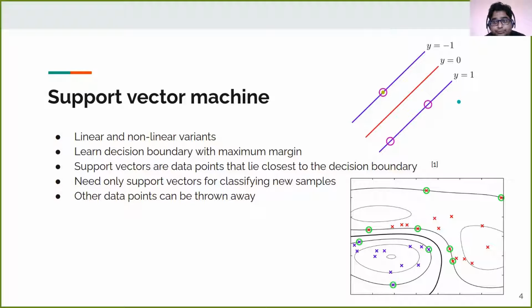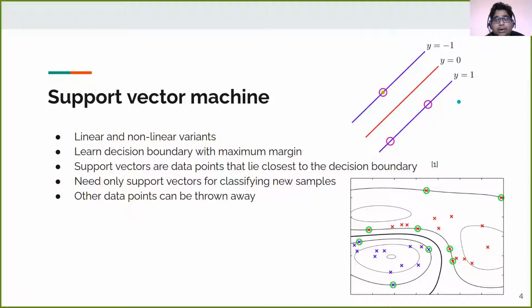We have 3 data points: 2 data points on the line Y equal to 1, which belong to class 1, and another data point with Y equal to -1, which belongs to the other class. We can see that the decision boundary Y equal to 0 is equally separated from both sets of points, having the maximum margin between these two.